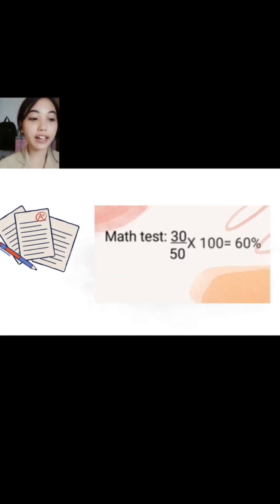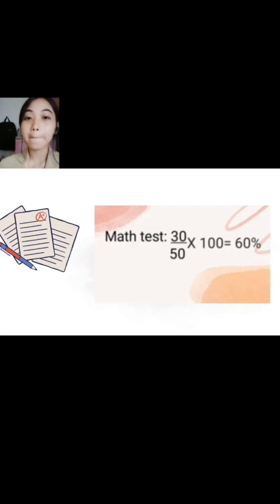Again, raw scores are obtained by simply counting the number of correct responses in a test following the scoring directions. On the other hand, how do we get percentage scores? To get that, we just have to divide the correct responses by the number of items in the test. If the student gets 30 correct responses out of 50, then 30 divided by the number of items, which is 50, equals 0.6.